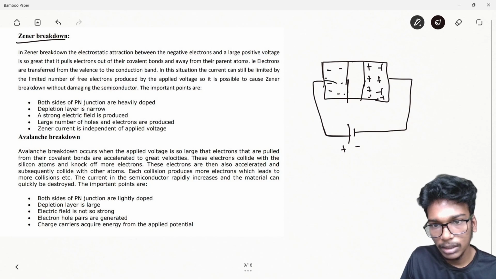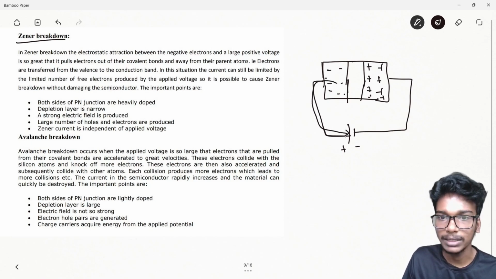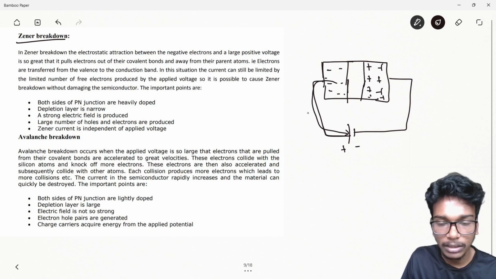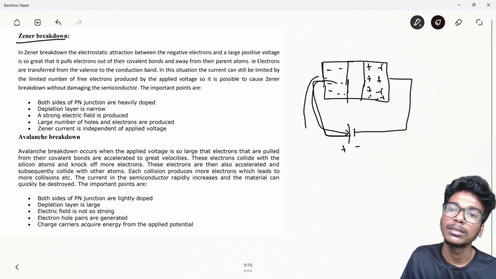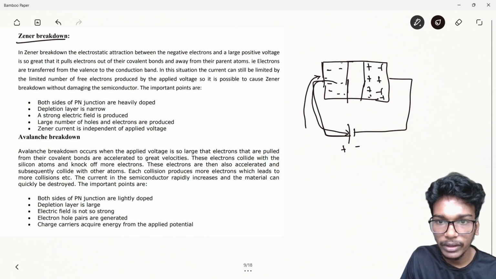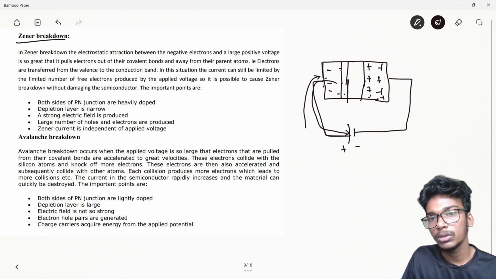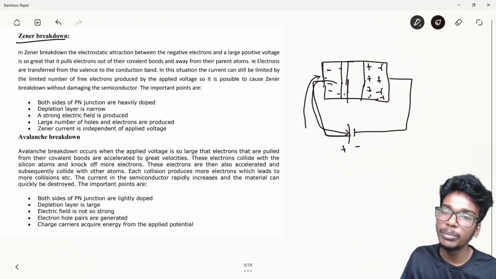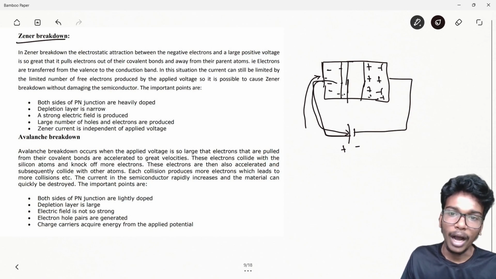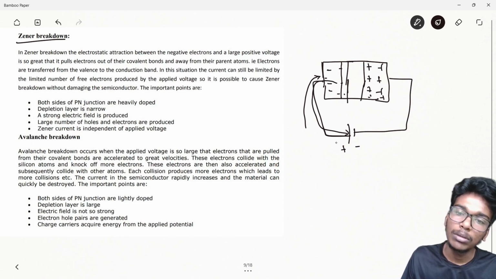Just consider this is the flow of electrons, and it will reach here. As electrons are flowing in this direction, the current will start flowing in this direction, and because of the increasing depletion layer, up to a certain amount the current will be restricted from flowing, as all the electrons are coming out and all the positive ions are going in.